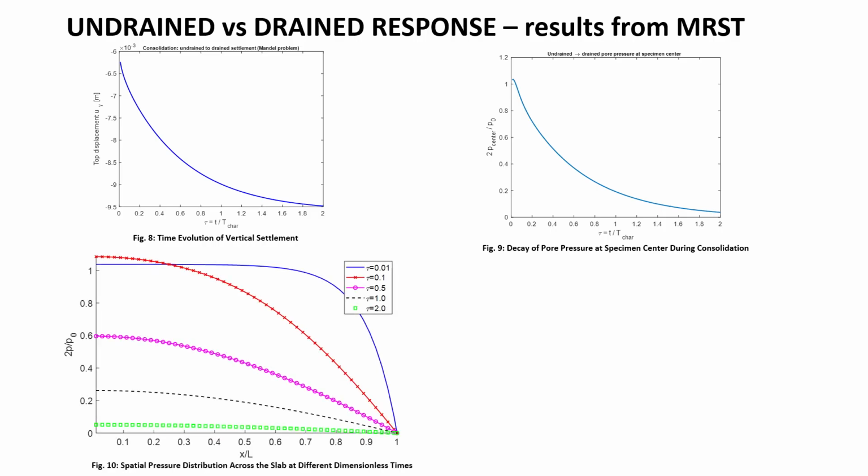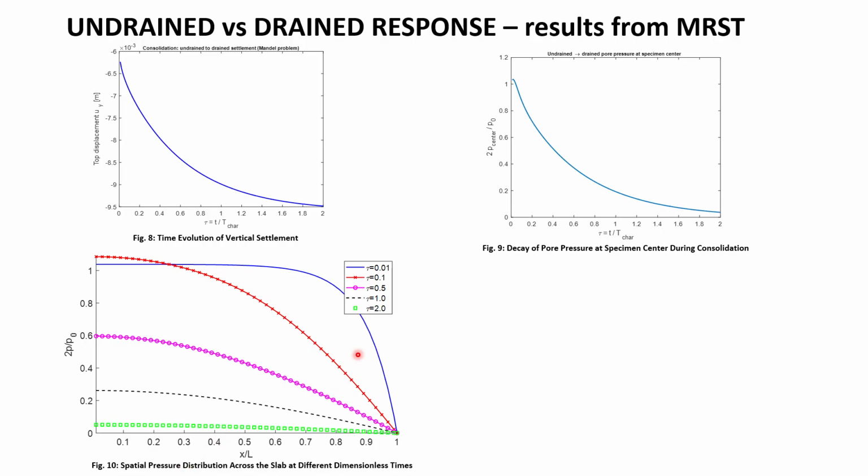So I'm also showing the spatial pressure profiles in figure 10. Here on my x-axis, I'm showing a normalized horizontal distance, while on my y-axis, I'm showing a normalized pore pressure. This particular plot shows how pore pressure varies spatially across the slab at different times of the simulation.